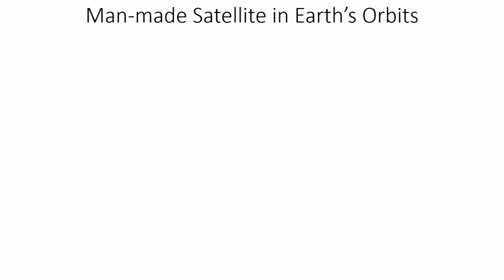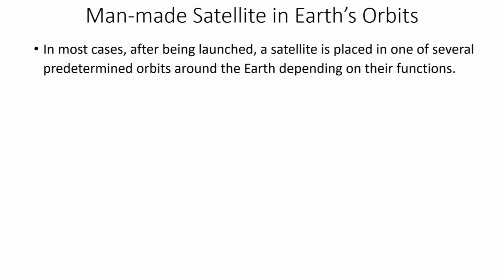When you consider a man-made or artificial satellite in Earth's orbit, in most cases, whenever an operational satellite is launched for some particular function, it is placed in its predetermined orbit, meaning the designated orbit.